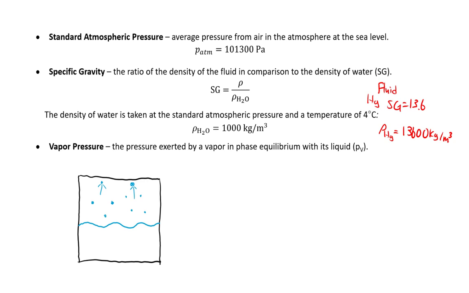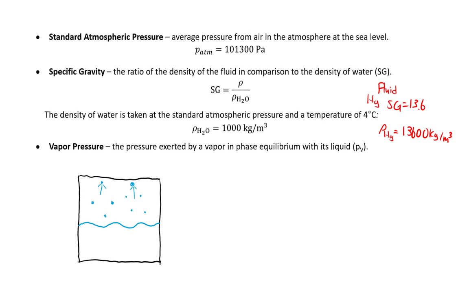And lastly, we have vapor pressure. Vapor pressure is defined as the pressure that is exerted by a vapor that is in phase equilibrium with its liquid and is denoted by P subscript V, where V is for vapor. Now, this parameter is actually not too often discussed when talking about the mechanics of fluids by itself. It typically ties more into thermodynamic and energy analysis of fluids.